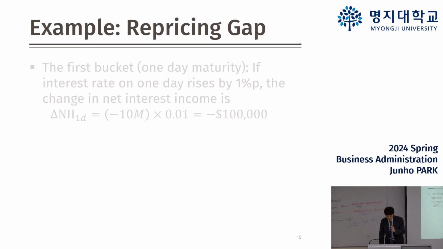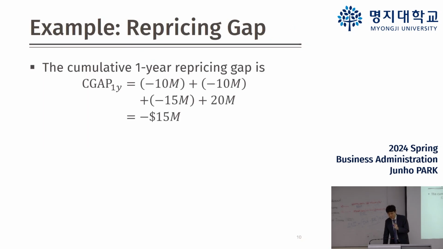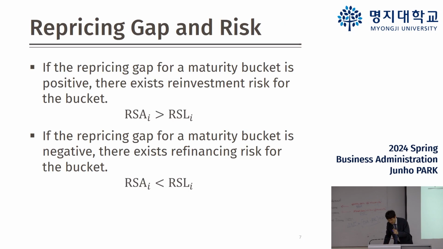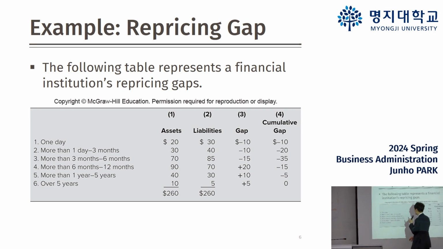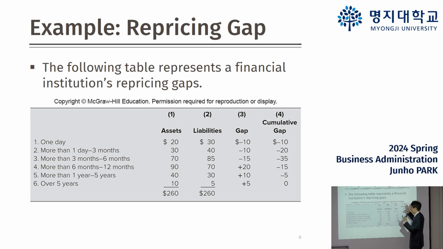Sometimes we can also think about the cumulative repricing gap. Especially, we pay special attention to the maturity less than 1 year. So if we want to think about the short-term interest rate changes, generally we think about the maturities less than 1 year.